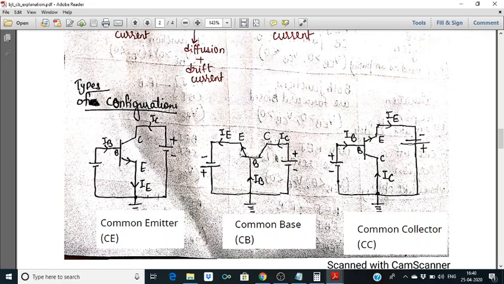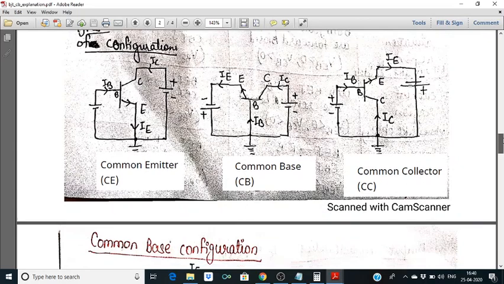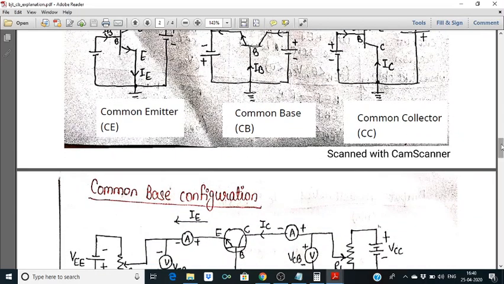If we connect the base to ground, it is common base, and if the collector, then it is common collector configuration. In this experiment we will be using the common base configuration. A few properties of the common base configuration are that it has a low input resistance, a high output resistance, and a current gain less than unity.